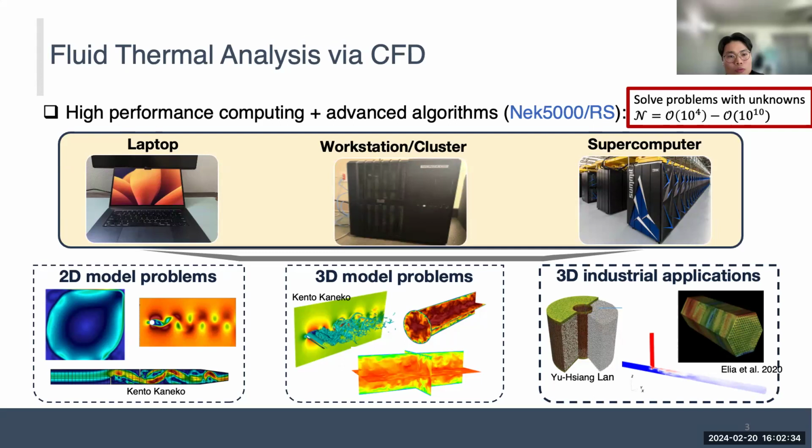You can solve a larger problem like 3D flow past a cylinder, turbulent pipe flow or channel flow on a workstation and cluster. And for 3D industrial applications, we're capable of solving them now, like pebble bed simulations, rod bundle thermal hydraulics and T-junction. So we're able to do those calculations from 2D to 3D with high performance computing and advanced algorithms.